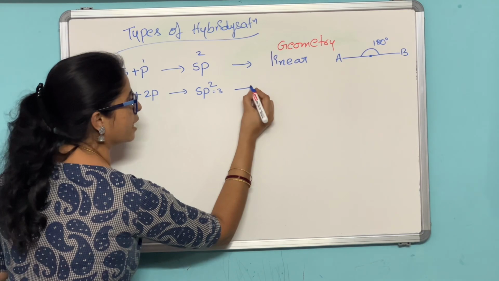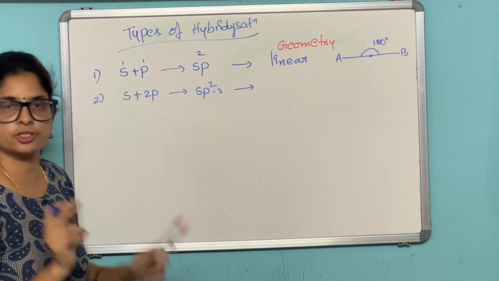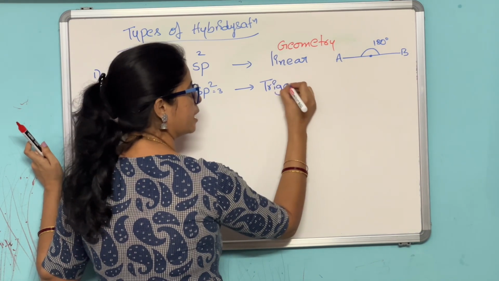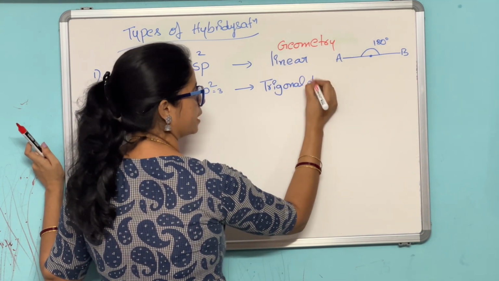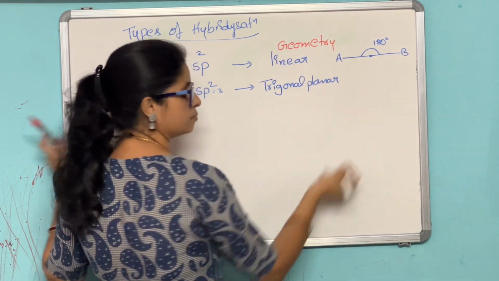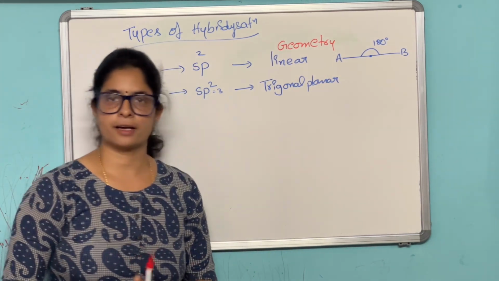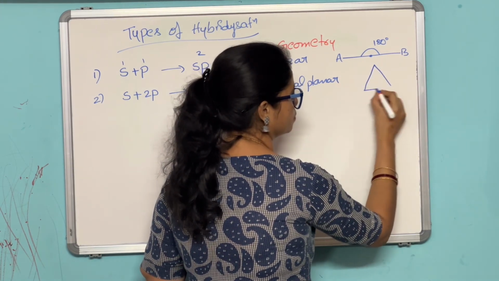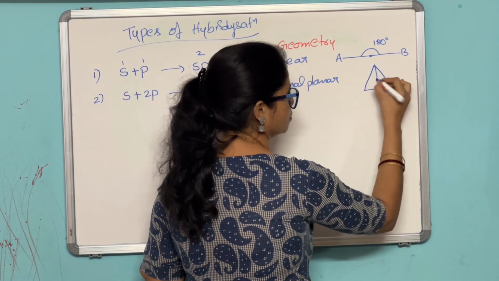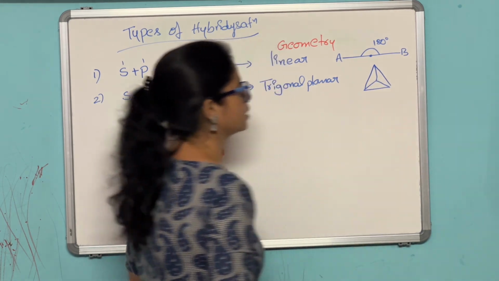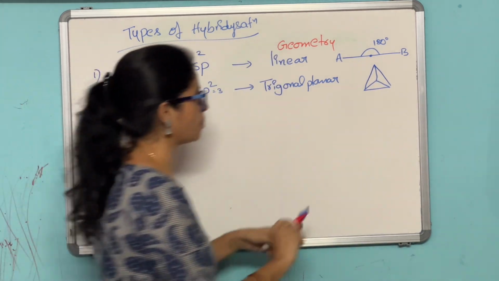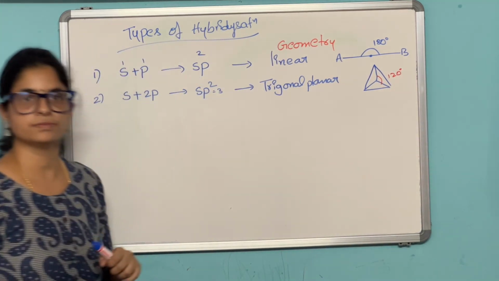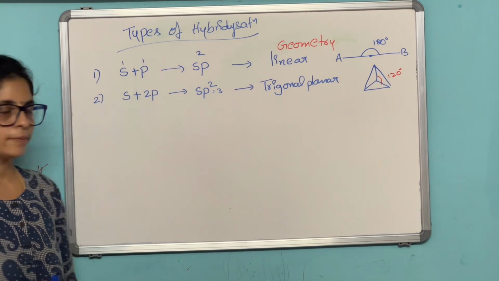So 3 hybrid orbitals means the geometry is trigonal planar, with a bond angle of 120 degrees.